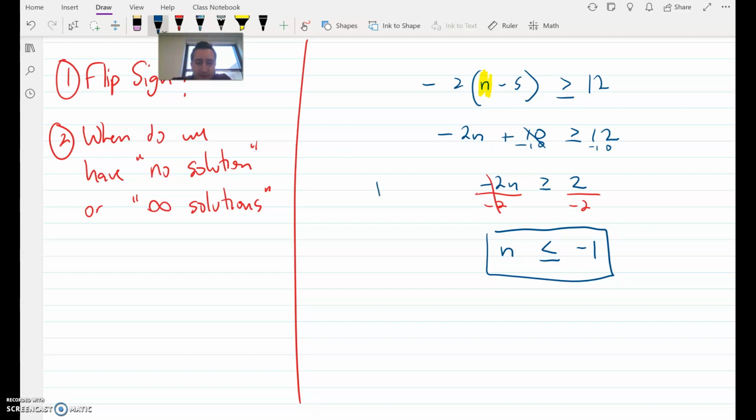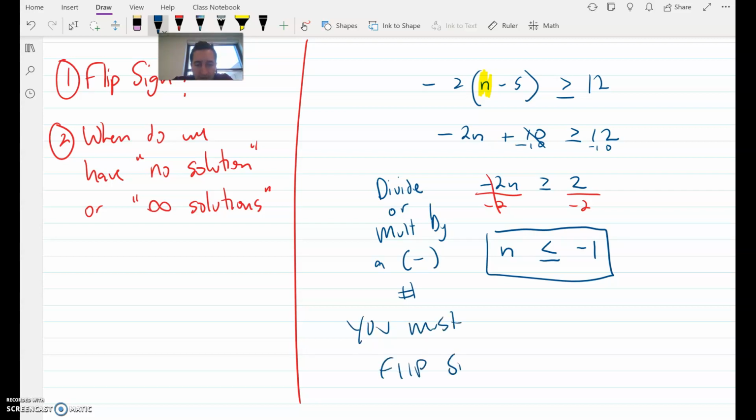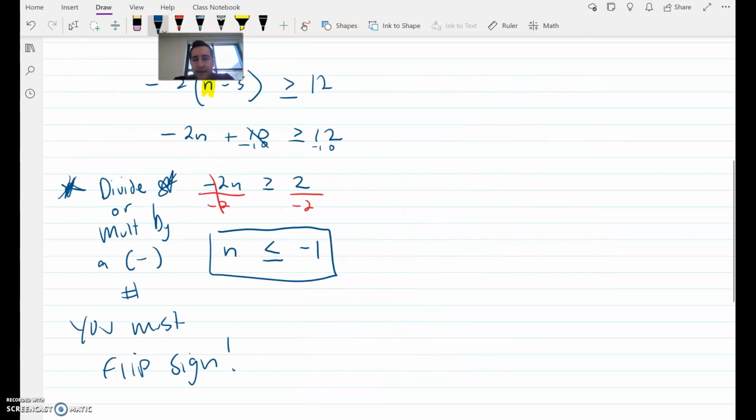The second that we divide or multiply by a negative number, you must flip the sign. When you divide or multiply by a negative number, you have to flip the sign, okay?